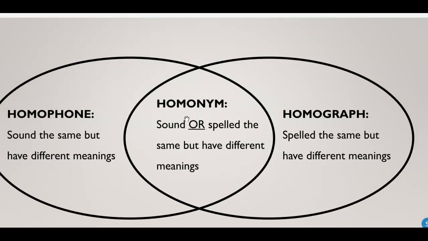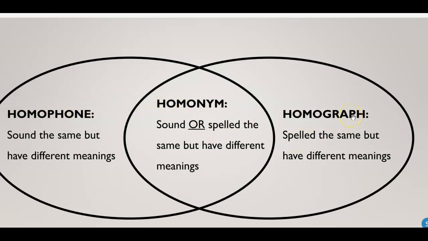Now the tricky part is homophones and homographs. Well, they're all homonyms. Homonym is the main word, and it can refer to either one. The difference between the homophone and the homograph is that phone focuses on how the word sounds. Homograph focuses on the spelling. But again, a homophone is just one kind of homonym.